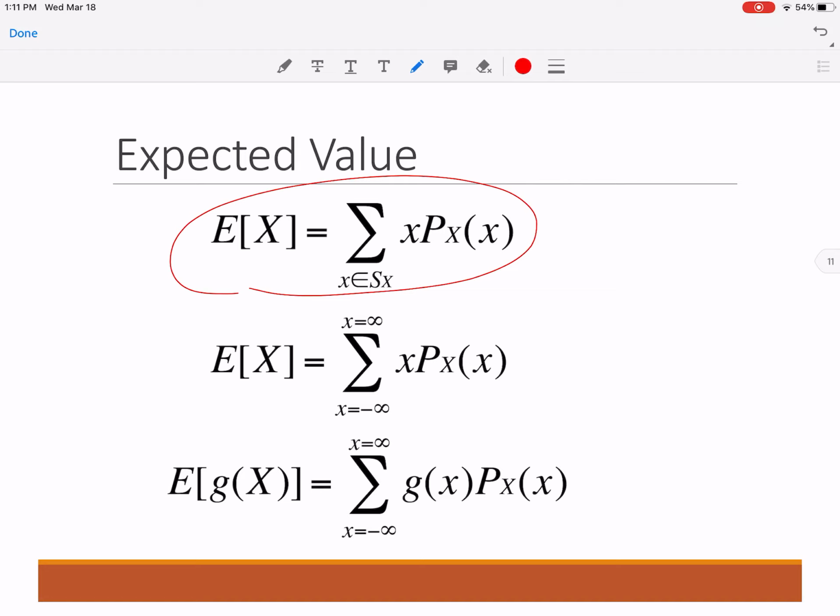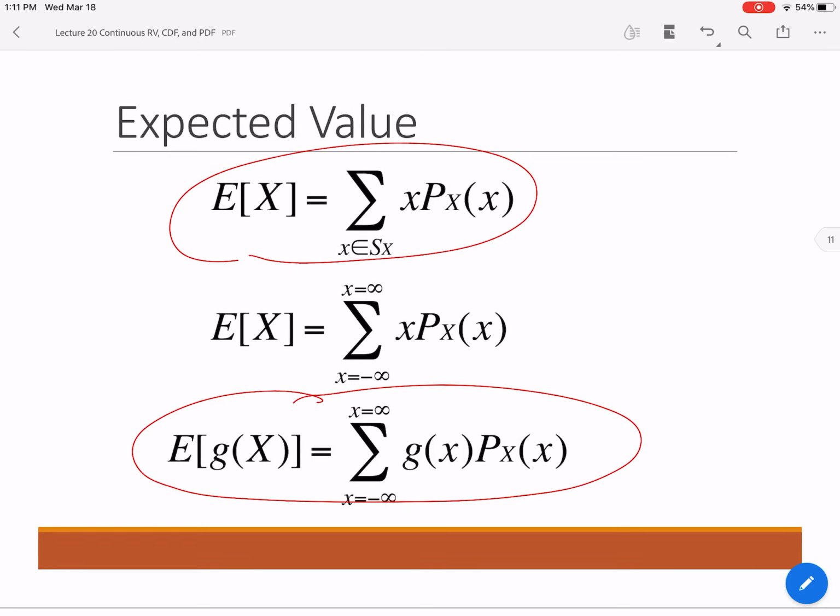If you have a function of x, you can find the expected value of that function of x using this formula. And it's a matter of simply plugging and chugging the values in your calculator. Expected value gives you an indication of what value a random variable is going to typically take on, or rather, what value a random variable is going to take for a given experiment.